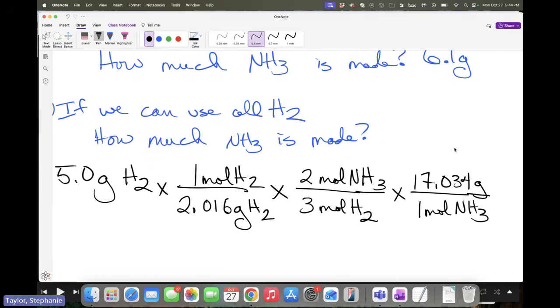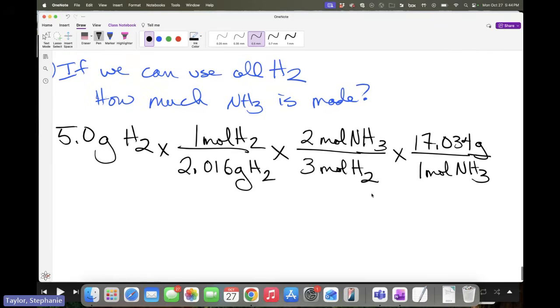I am cheating because we did that earlier. I do consider it cheating sometimes, because I could do a question from scratch, but based on the number of questions in the chat, I'm going to save a little bit of time. Divided by 3 times 2 times 17.034. And as far as how much ammonia is made, I get 28.2 grams.